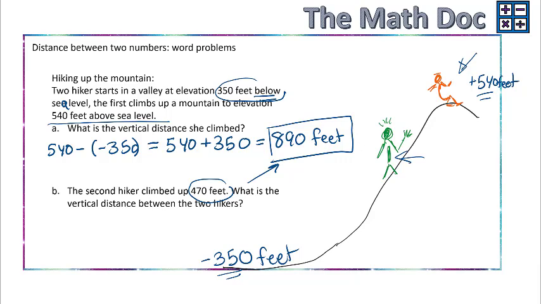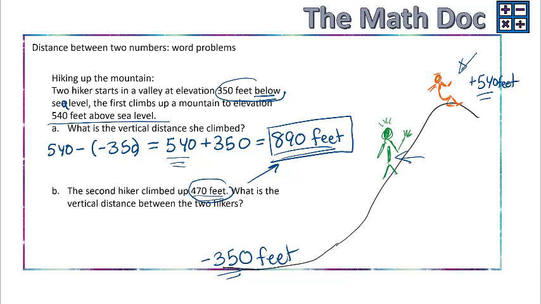Well, what we have to do, we can do two things. We can figure out how high she climbed or he climbed, and then subtract that height from our 540, which is the top of the mountain. Or we can just say, well, we know that this first one climbed up 890 feet and the second one only 470.